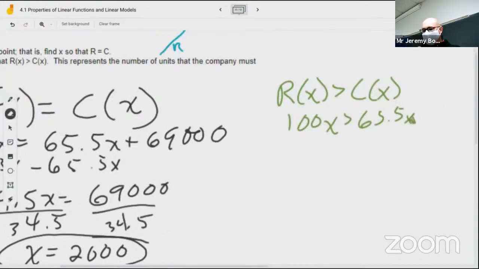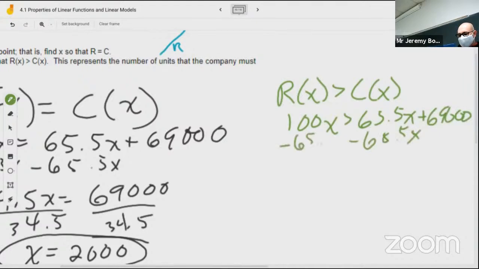Let me fix that. And we're going to solve that basically the same way. Subtract 65.5x from both sides. We get 34.5x is greater than 69,000.